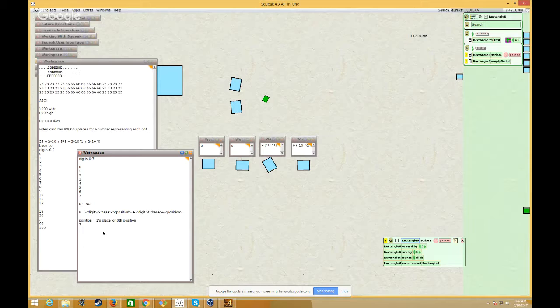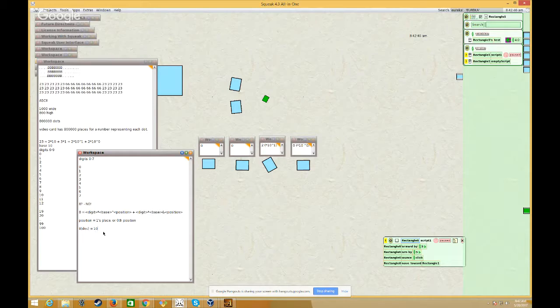So let's try that. And 8 in decimal equals 0 in the ones position plus a 1 in the next position out.